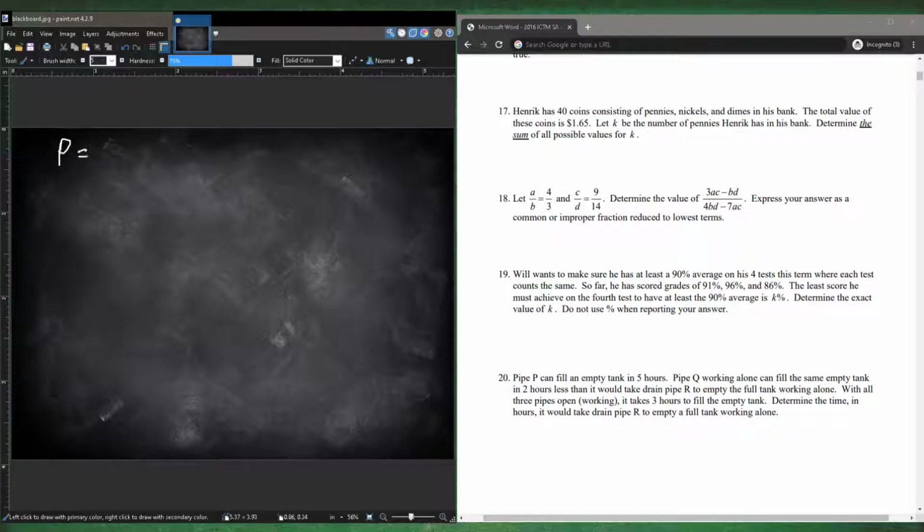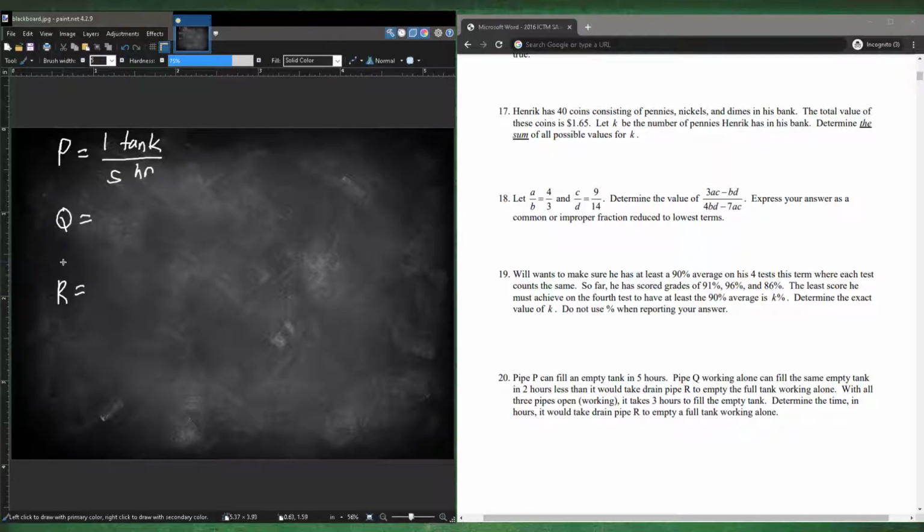So pipe P, let's say it fills 1 tank in 5 hours, right? And then for pipe Q and R, there's an R in here.